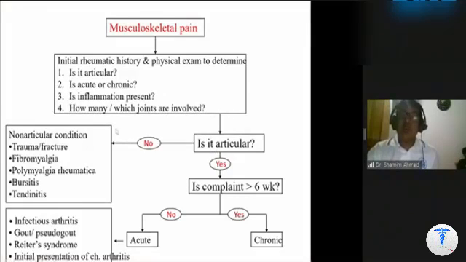If it is not articular, then we should consider trauma or fracture, fibromyalgia, polymyalgia rheumatica, bursitis or tendonitis. If it is articular and the complaint lasts more than 6 weeks, that is chronic. If the complaint lasts less than 6 weeks, it is acute. Then it is infectious arthritis, most commonly viral arthritis. It may be gout or pseudogout, Reiter's syndrome, or the initial presentation of a chronic arthritis.